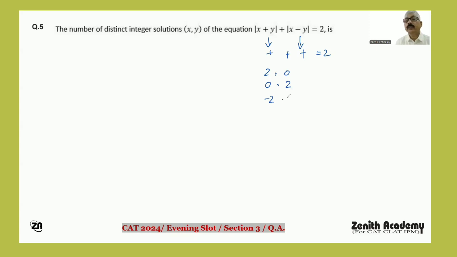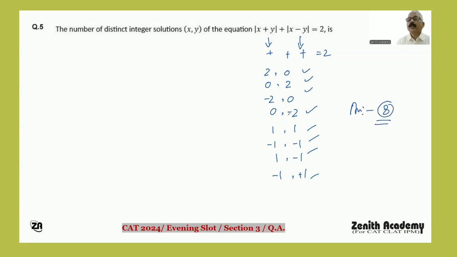Minus 2 and 0 or 0 and minus 2. These are four cases. Then 1 and 1, minus 1, minus 1, 1, minus 1, minus 1, plus 1. 1, 2, 3, 4. So these are 8 possible cases. So answer is 8.